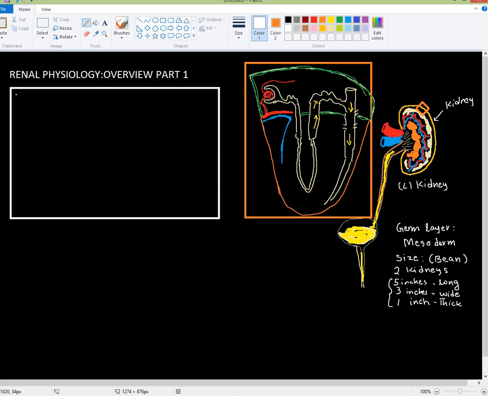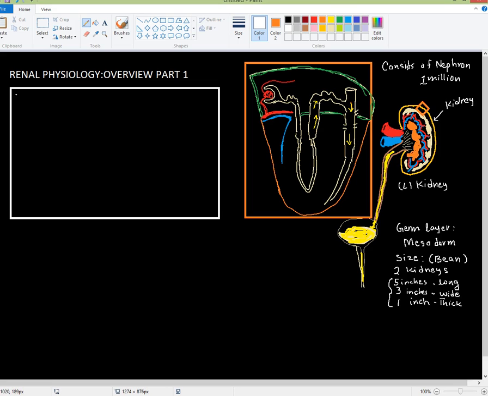So the kidney consists mainly of nephrons. And what is a nephron? A nephron is the structural and functional unit of the excretory system of the kidney.